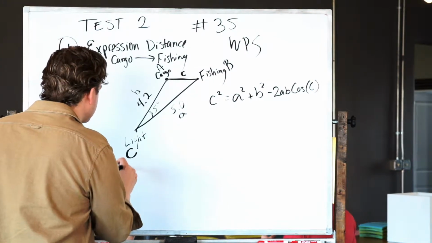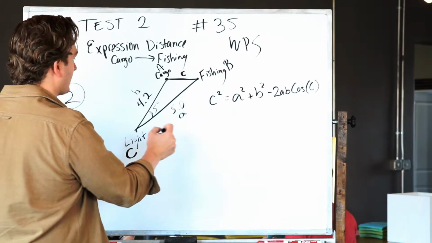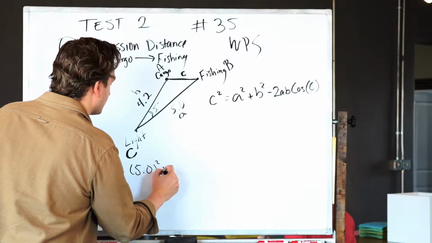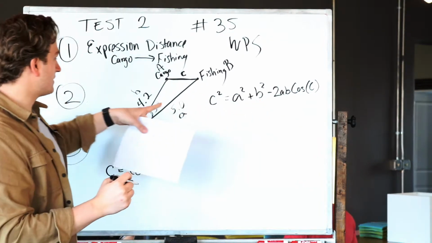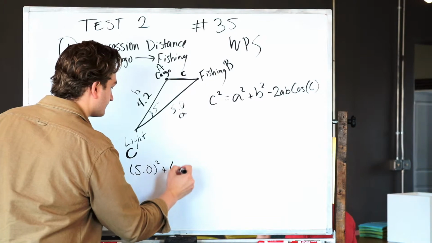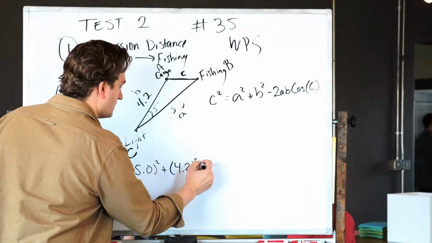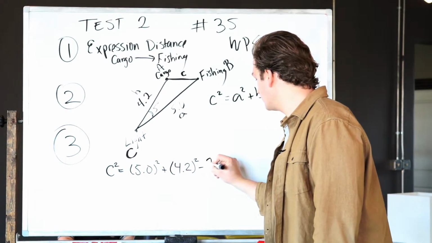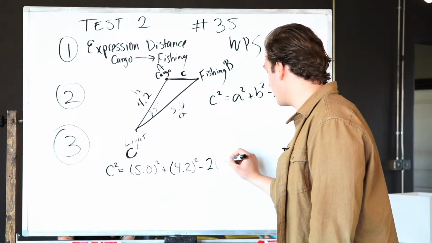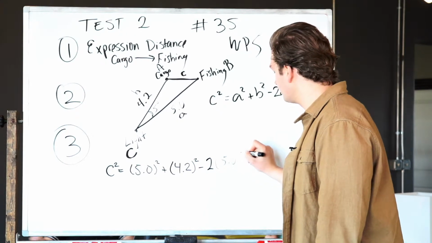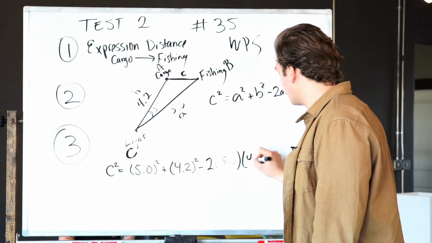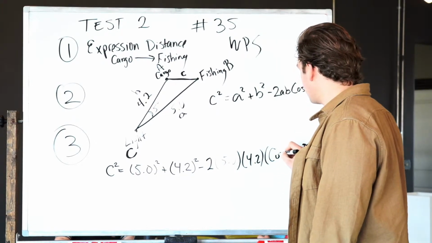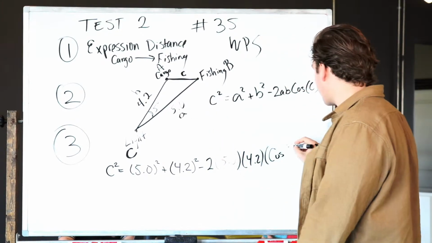C squared equals A squared, which is 5.0 squared, plus B squared, B is 4.2 squared, minus 2 times A, which is 5.0, times B, which is 4.2, times the cosine of angle C, which is 5 degrees.